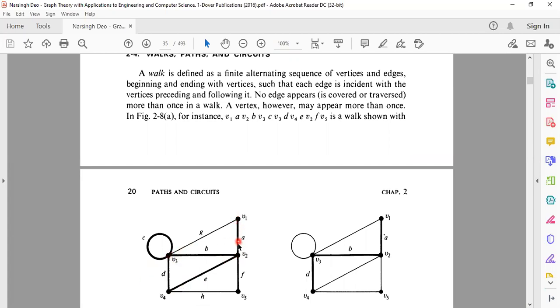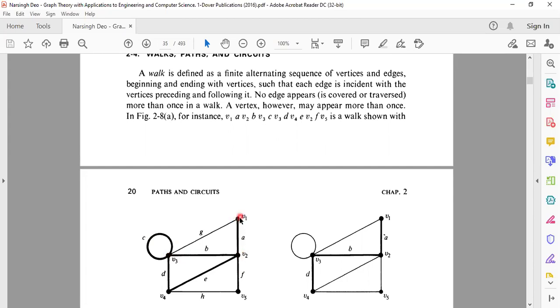Why? Because if I move along this line, and if I trace this particular vertex, here the edge appears more than once in a walk. No, no edge is appearing more than once, this can be done because I am not retracing the edge. So this can be done.